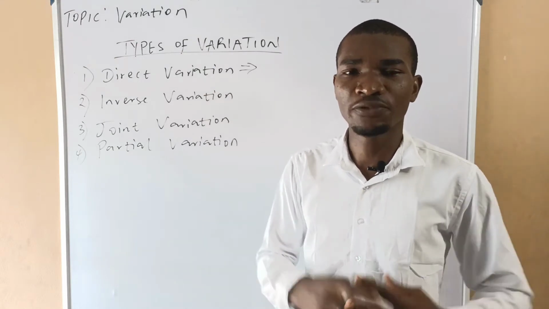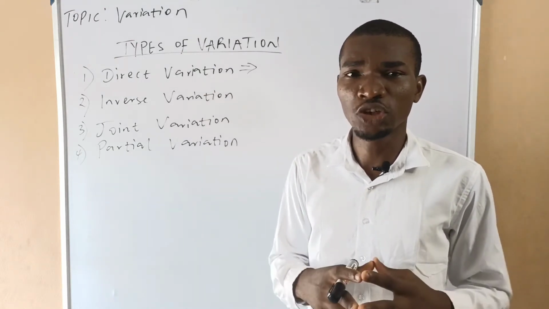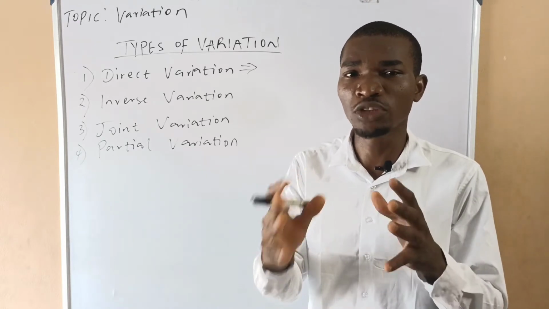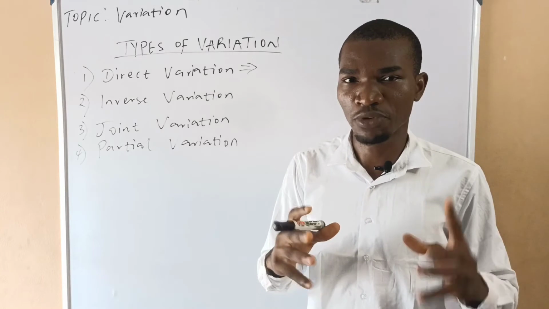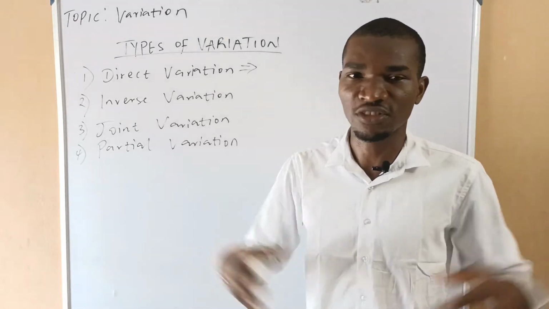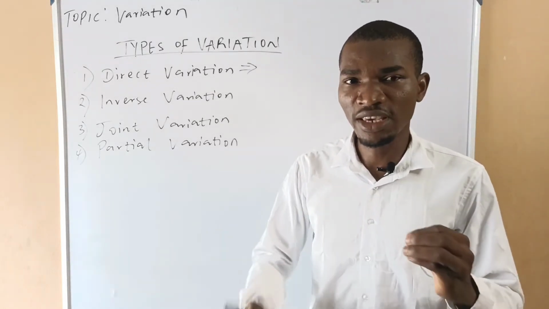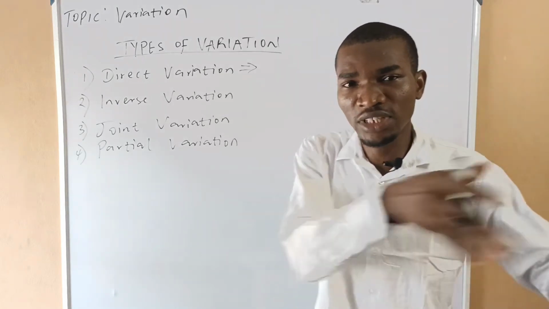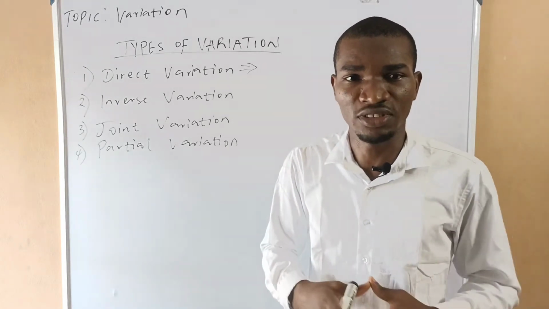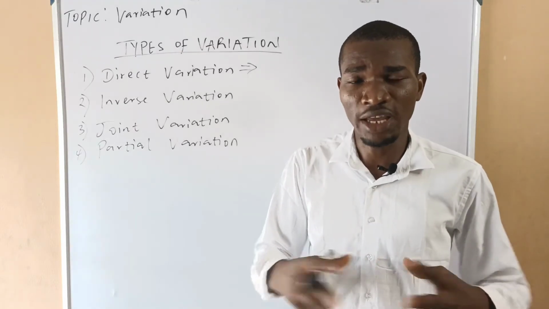What is a direct variation? In direct variation, there is a relationship between two quantities only. Remember, there is a relationship between two quantities only. That means the increase in one quantity results in a corresponding increase in the other quantity. Let's view it in a real life situation.